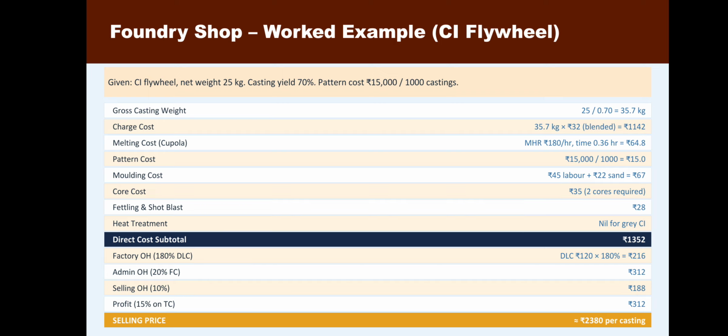We already studied the welding shop and the first means of foundry shop and the welding shop. We can find the total selling price, approximately 2380 per casting. All are calculated by using the formulas included in each component or casting costing of the different materials.